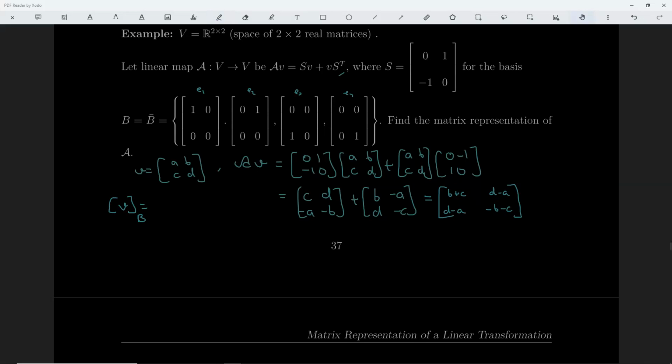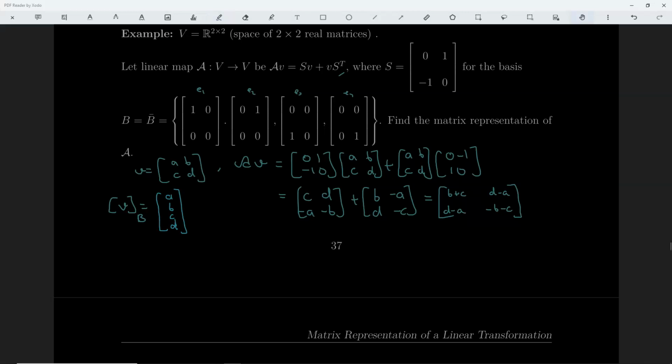And I will write down those coefficients in vector form, so it will be equal to A, B, C, D then, right?